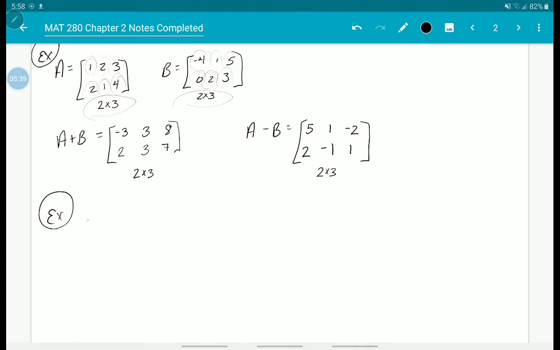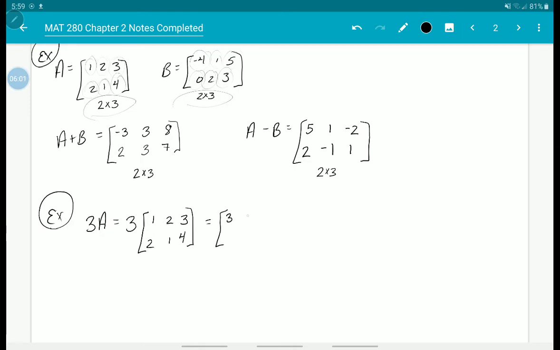So if we wanted an example of that, let's say we wanted 3 times matrix A. If our A is this A up here, it's going to be 3 times the 2 by 3 matrix, 1, 2, 3, 2, 1, 4. So we're just going to multiply that 3 into each entry in here.